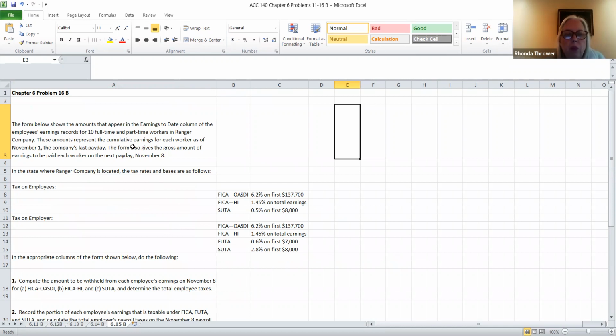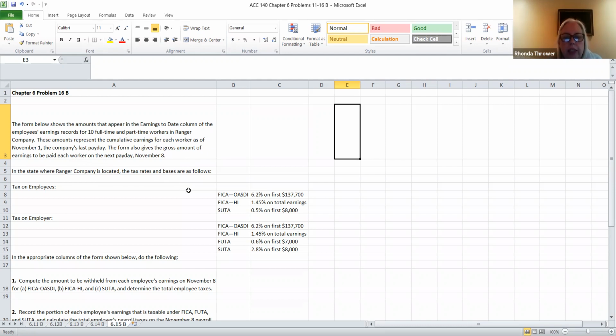These amounts represent the cumulative earnings for each worker as of November the 1st, the company's last payday. The form also gives the gross amount of earnings to be paid each worker on the next payday, which will be November the 8th. In the state where Ranger Company is located, the tax rates and bases are as follows.